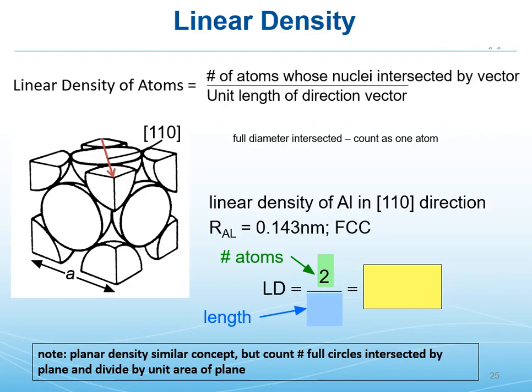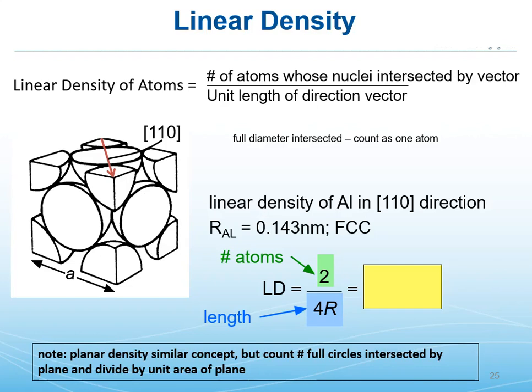That means we've intersected 1 full diameter and 2 half diameters. The length is 4r. Okay, so real length. That's why we needed the atomic radius. So the length of the vector is 1 full atomic diameter plus 2 radii. This is because we are going in the close packed direction across the face.